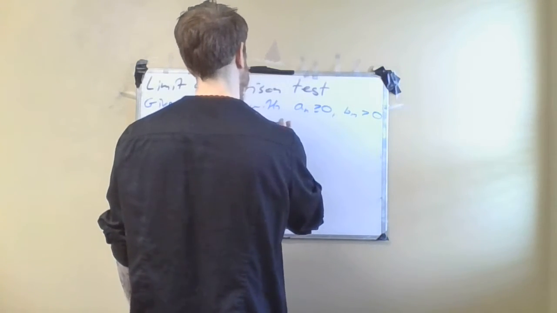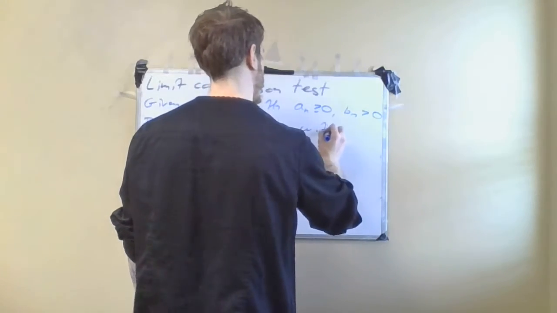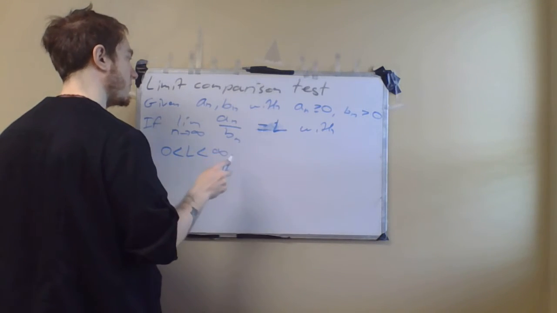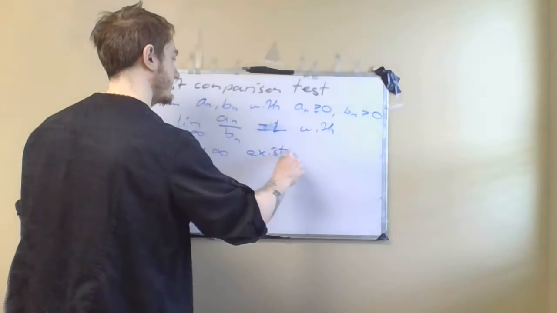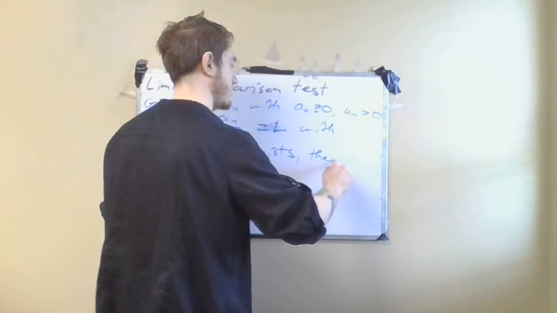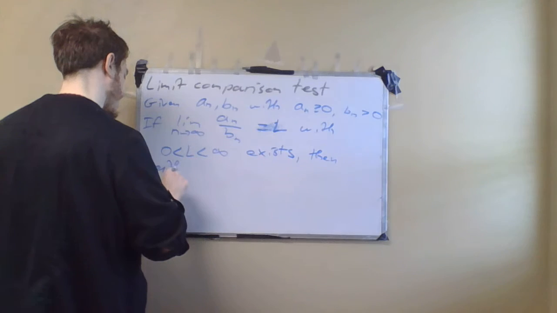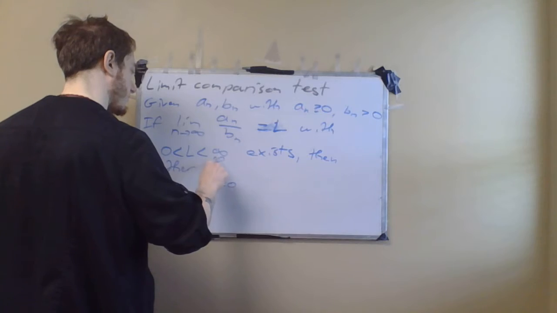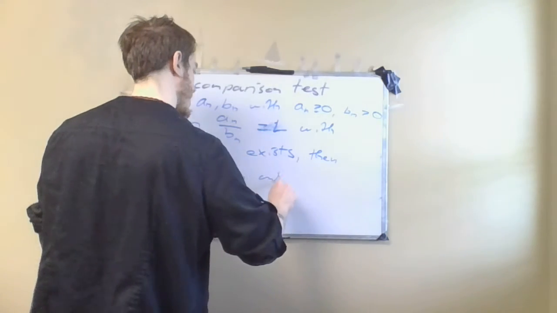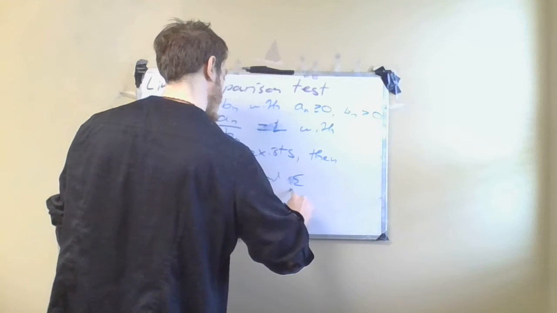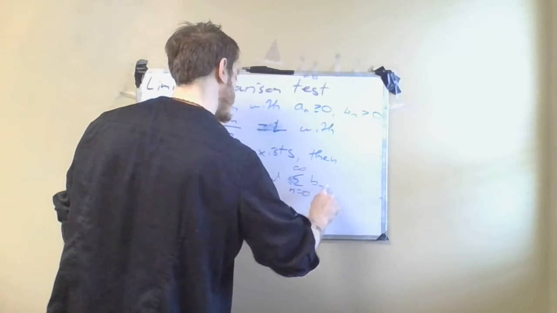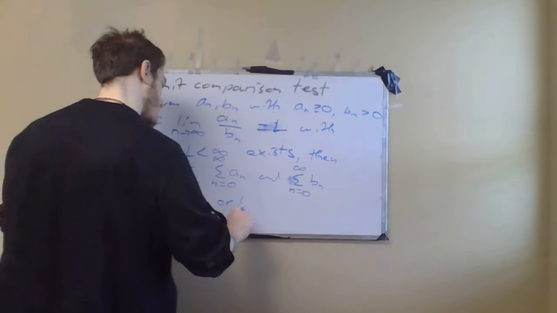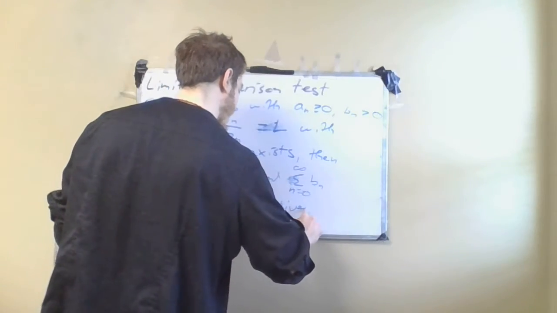Let's suppose that this is equal to some limit L with 0 strictly less than L, strictly less than infinity, exists, then either the sum from n equals 0 to infinity of a sub n and the sum from n equals 0 to infinity of b sub n both converge or both diverge.